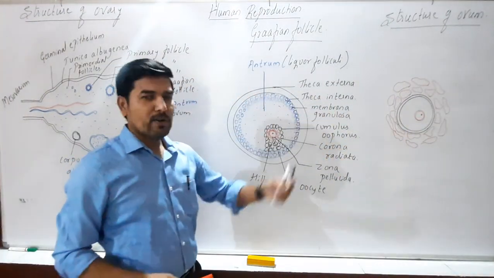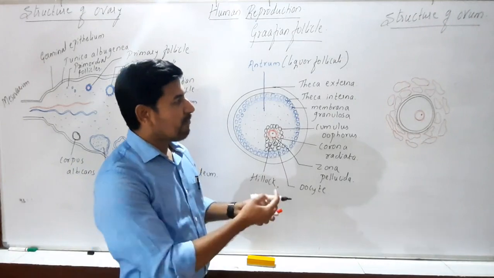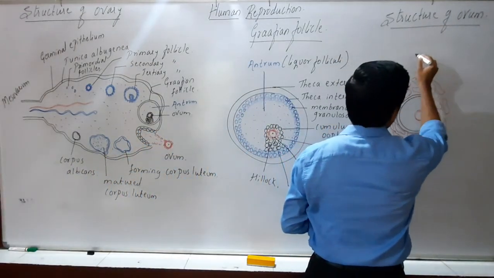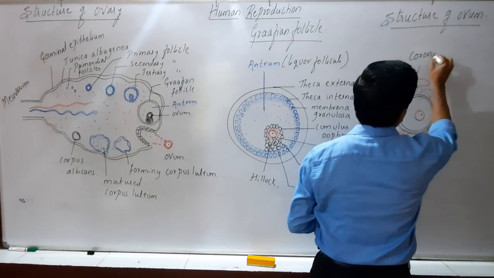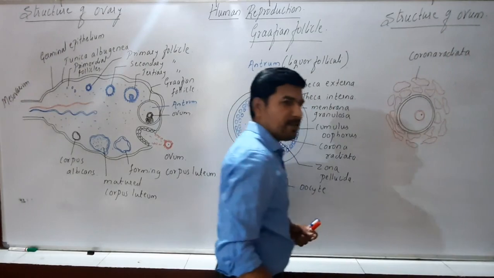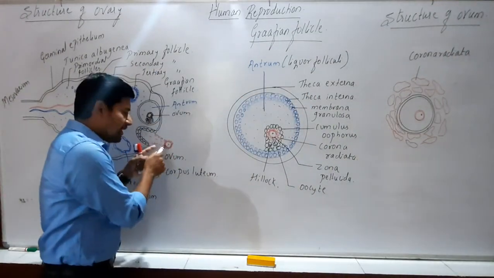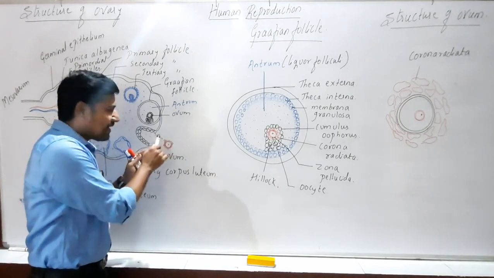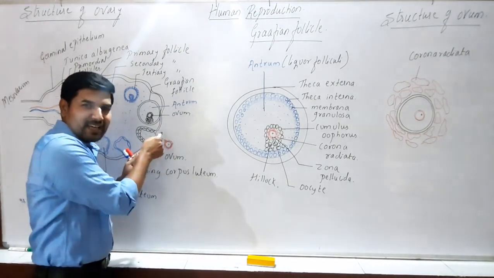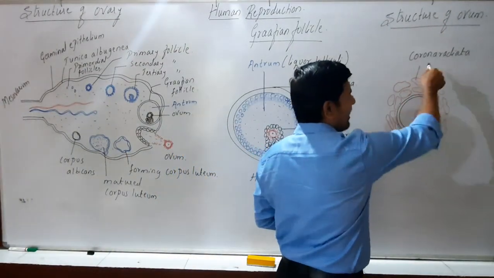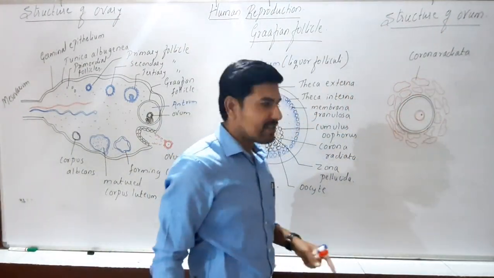the human ovum. Now if we look at its labelings, these cells are called corona radiata cells. After ovulation, when the ovum is released, the oocyte is not released alone, but it is released with a few cell layers. The outer layer is said to be corona radiata cells.